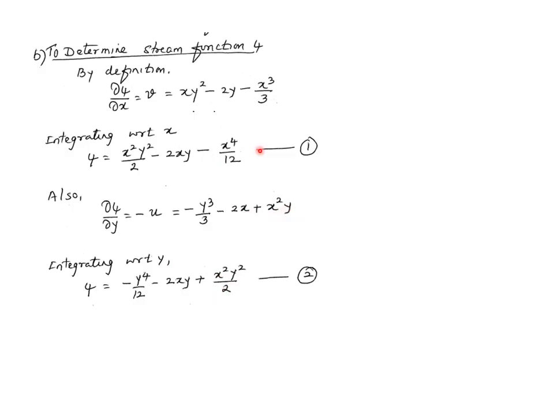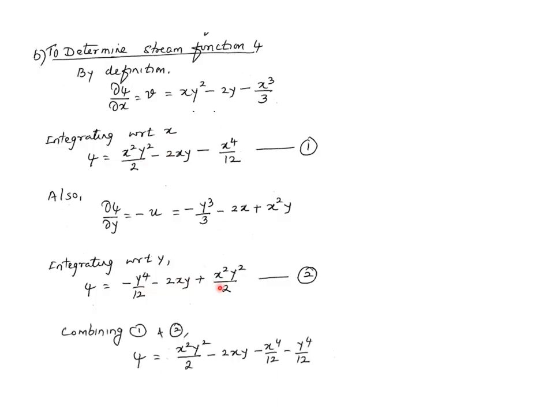So now see this expression and this expression. By combining, you can find that x square plus y square by 2 is one common term, and minus 2xy is one common term, as I said in the previous problem. So this is a different term, this is a different term. These two I'll be writing once, these two I'll be writing once.